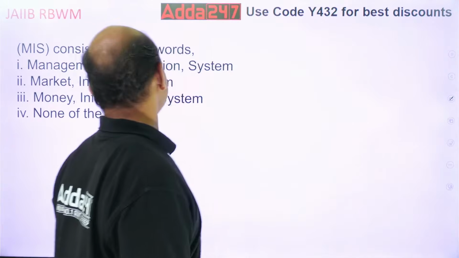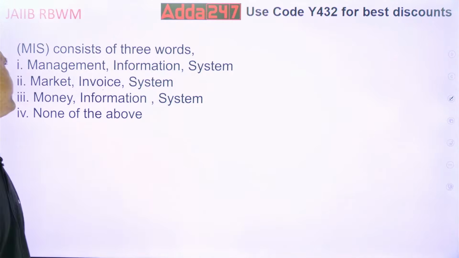MIS consists of 3 words. Which are the 3 words? Management Information System, Market Invoice System, Money Information System, none of the above. So now, yes?